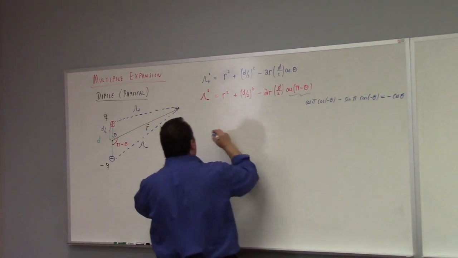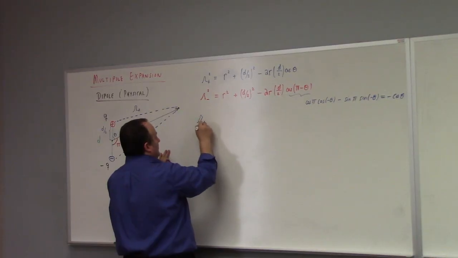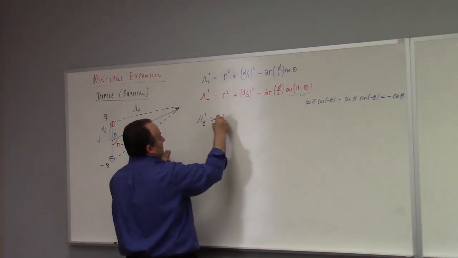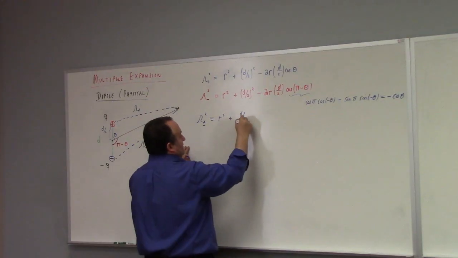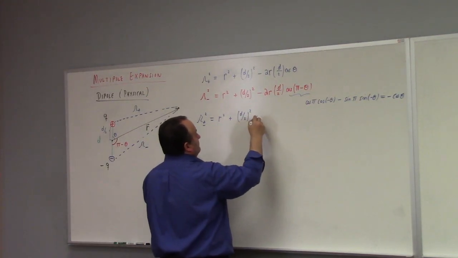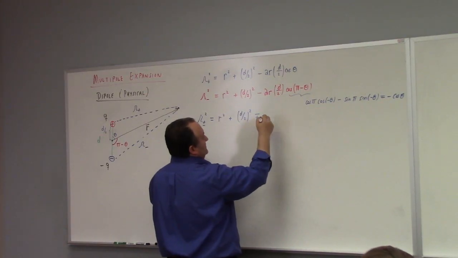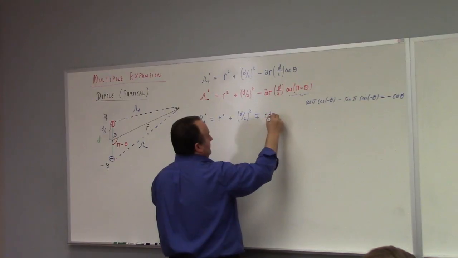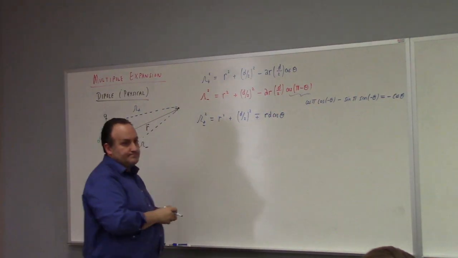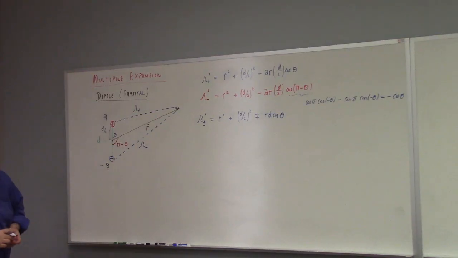All right, so we put these together, and what we got is r plus minus squared is r squared plus d over 2 quantity squared minus plus, the 2's canceling, so r d cos theta. Are we good so far?